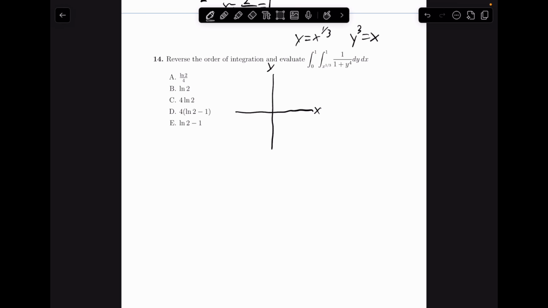We can use that same analogy to find what this looks like. So this is y equals x cubed. Therefore, x equals y cubed should look something like this.